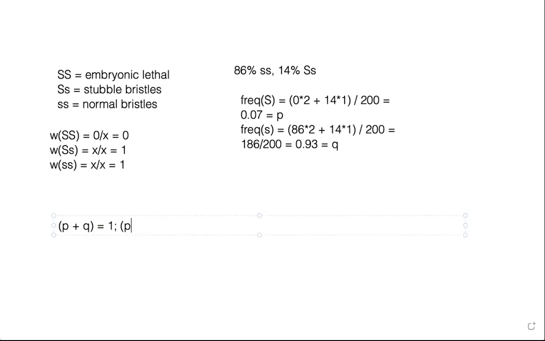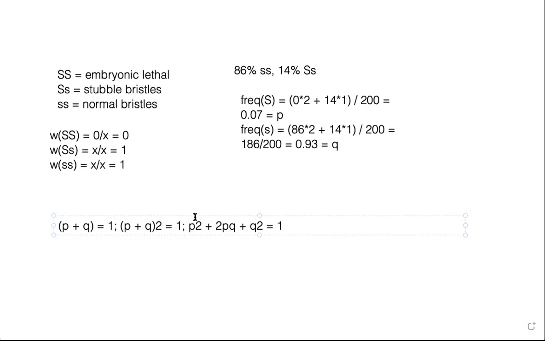That means that P plus Q squared must equal 1, right? Because 1 squared is equal to 1. And that means that P squared plus 2PQ plus Q squared equals 1. And the three terms of this equation are the frequencies of the three genotypes in a 2-allele Hardy-Weinberg problem. Okay, that should be fairly easy.